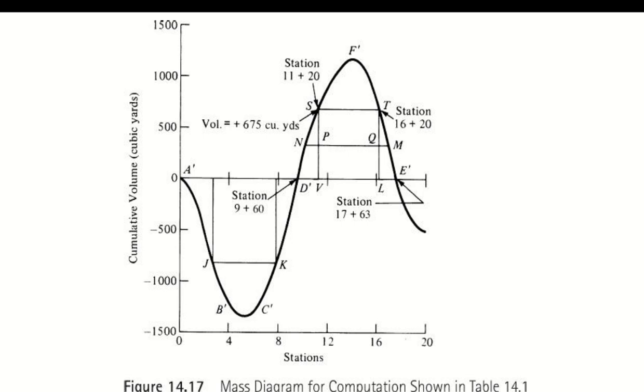This will give you negative, so I should do it the other way around because we are going in this direction. The distance cannot be negative, obviously. So 1660, just to keep the distance positive.